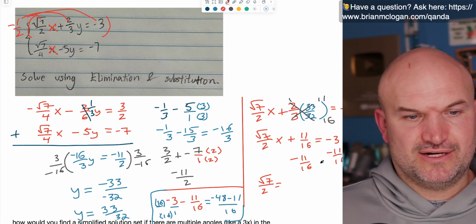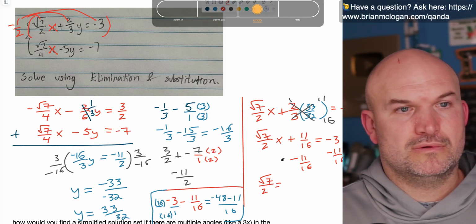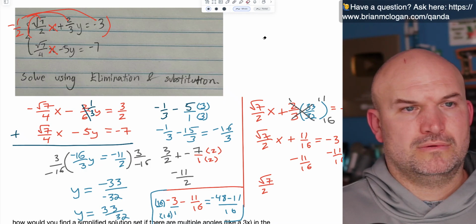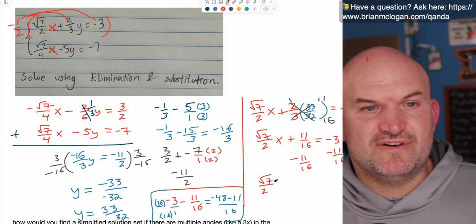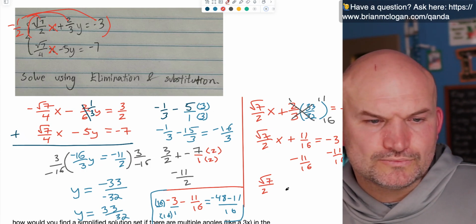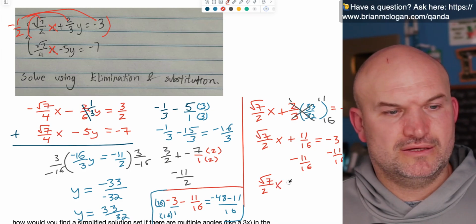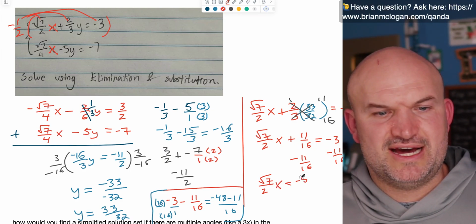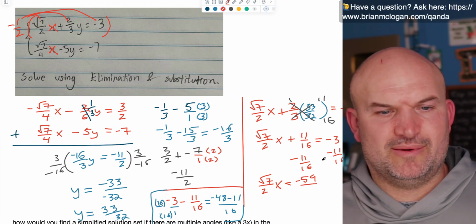So this still has an x there. Okay, so square root of 7 divided by 2x is equal to a negative 59 divided by 16.